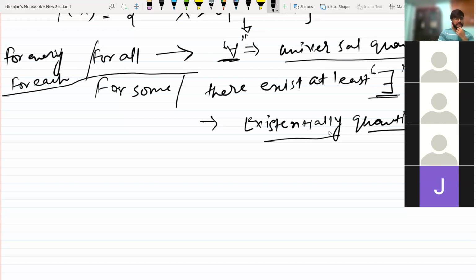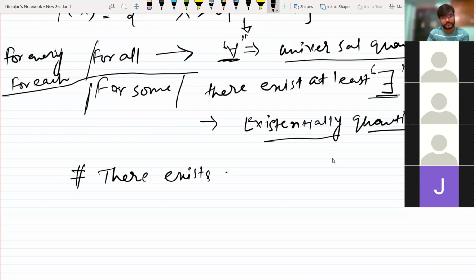So that is the way that we turn an open sentence into a statement. So if I write there exists some x belongs to R such that P(x), what do you think? Is this a statement or not?